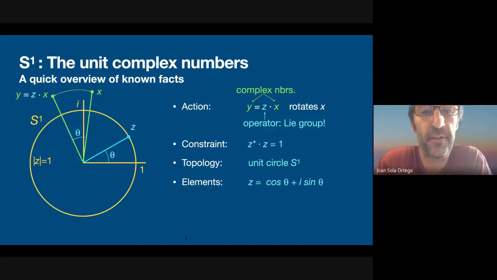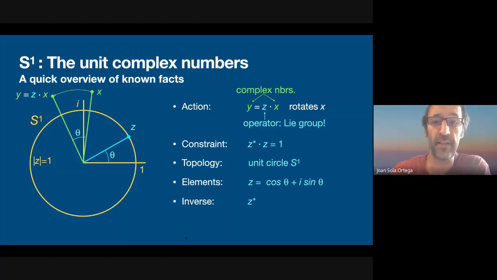The elements of this unit circle can be written like that: z equals cosine theta plus i sine theta. No surprise. Theta is the angle of this complex number, and it's also the angle by which this complex number is able to rotate other complex numbers. So x becomes y by rotating theta radians.